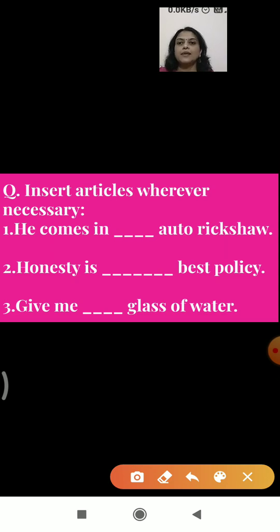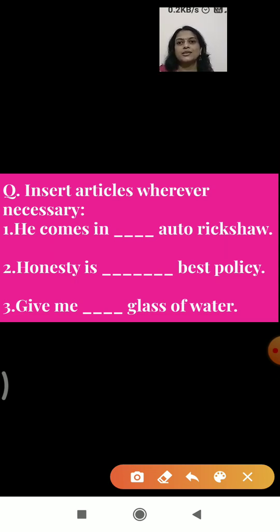He comes in dash auto rickshaw. Now what? A, an, or the. Now what you will see? The word which is followed afterwards, is it a vowel sound or consonant, or is it going with the sound U? So you are going to check all these things. So here it is auto, right?